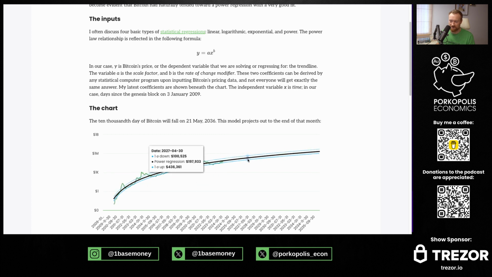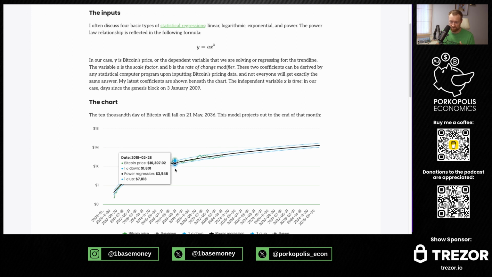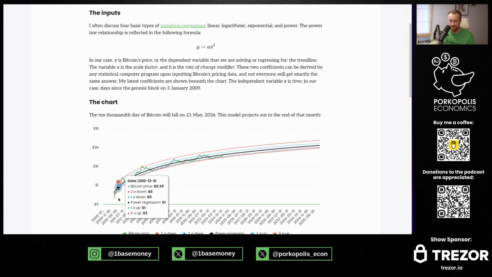At least I haven't figured out a way yet when you have such a wide span of data. But rest assured, in the background, what you're seeing here is a model that's updating based on daily price action. Okay, so this is the 1 sigma moves, and then 2 sigma moves are here in red.